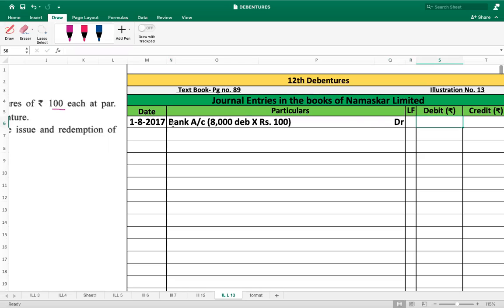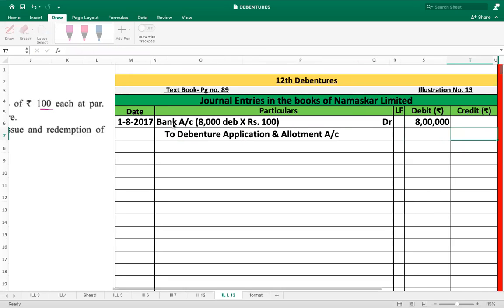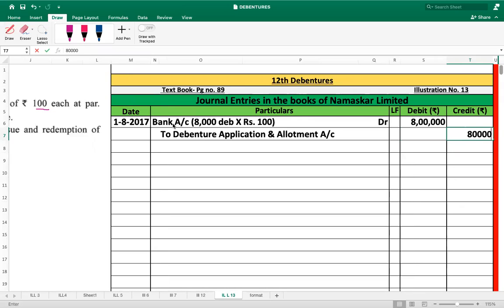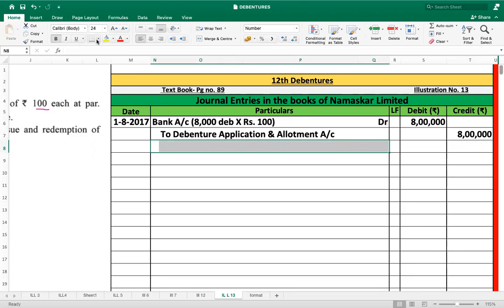So debit 8 lakhs to debenture application and allotment account, eight lakhs. Close this entry.